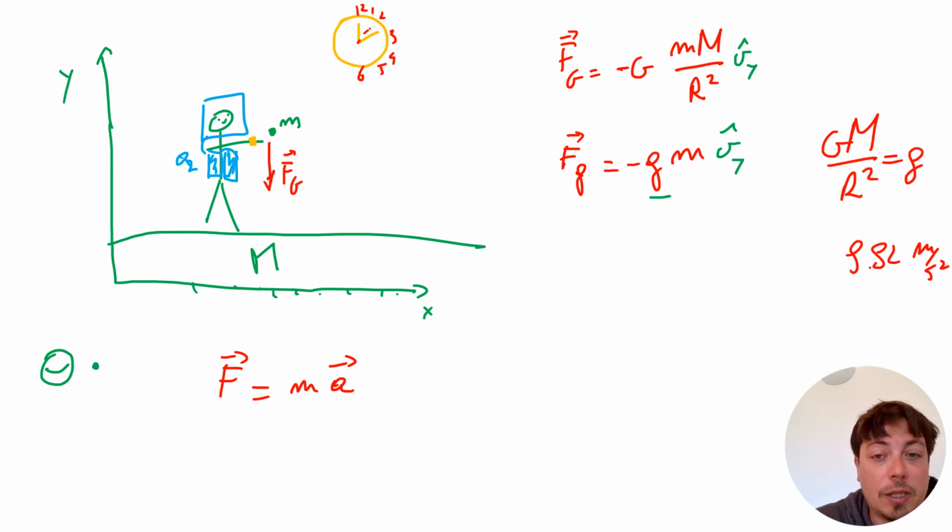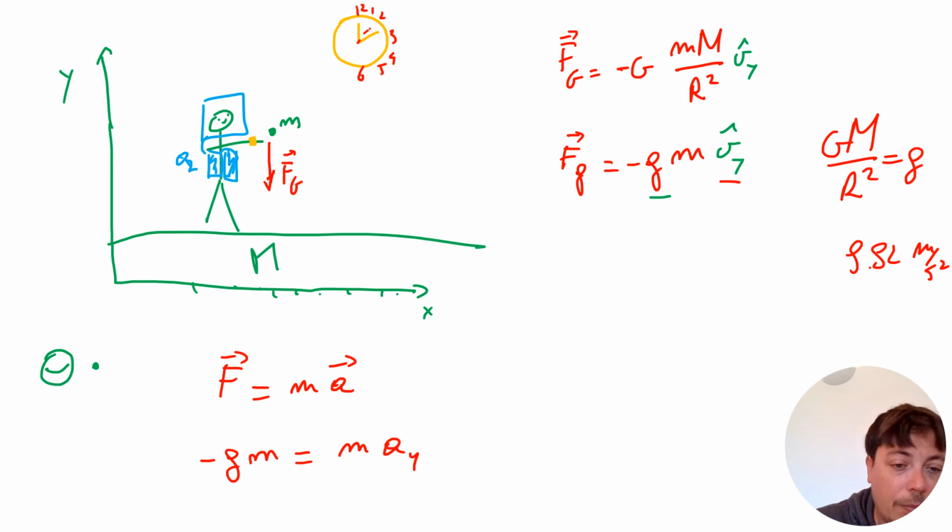So the force is only in the y direction, so we can get rid of all the vectors because it's only one dimension. On this side we have minus mg, which is the force of gravity. On the other side, we have m times a_y, the component of the acceleration in the y direction.